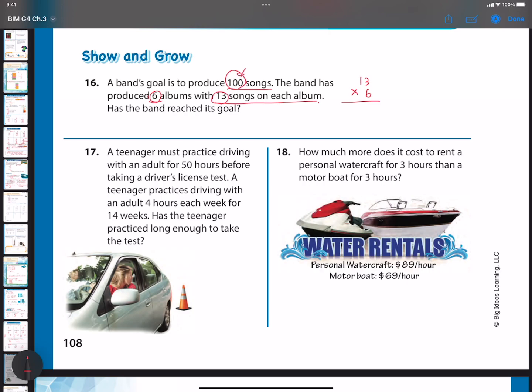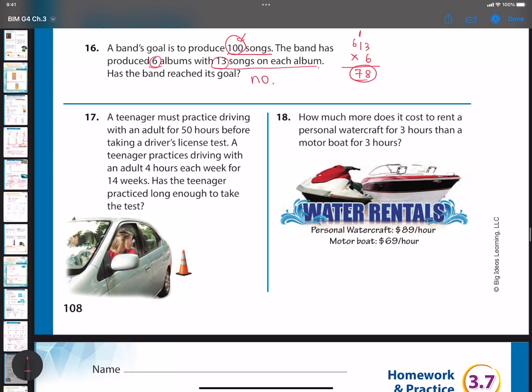Okay, so now 6 times 3, 3 times 6. Yes, 18. Carry 1 up. 6 times 1 is 6. 6 plus 1, 7. So now 78 songs they produced. Okay, so they met the goal or not? No, they did not meet their goal.